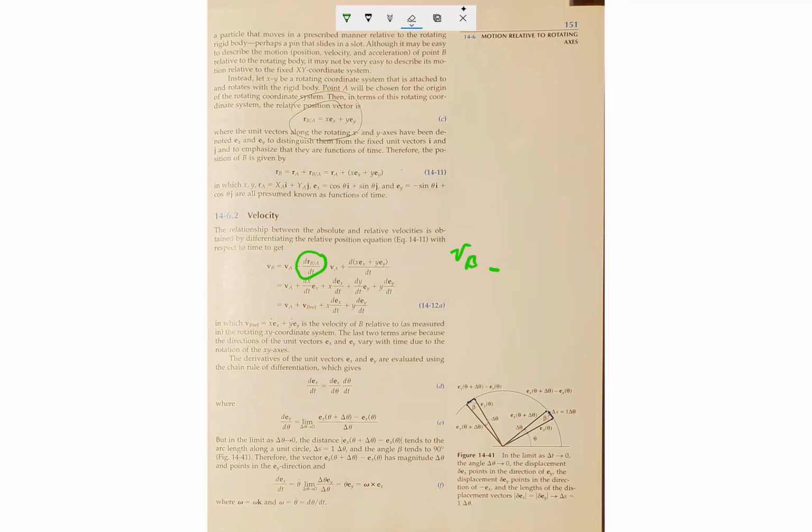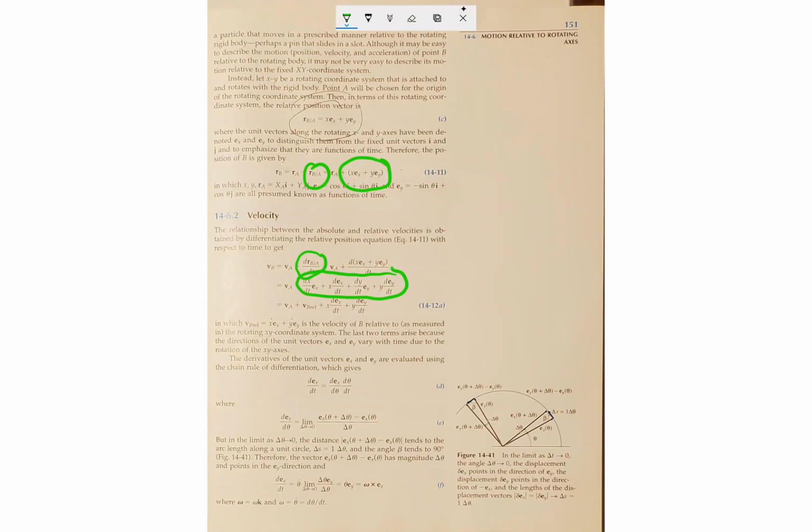Because our position of b relative to a, when we take the derivative, is not the same function. Now, there is the version that was above right here. This is our b relative to a position. Now, if we take the derivative of b relative to a with this new form, we actually have to use the product rule, and we get a slightly different result.